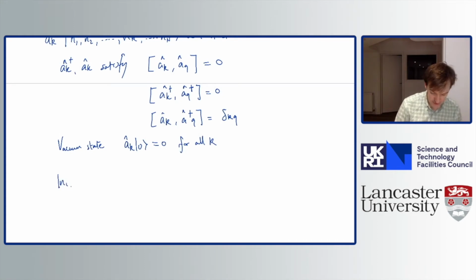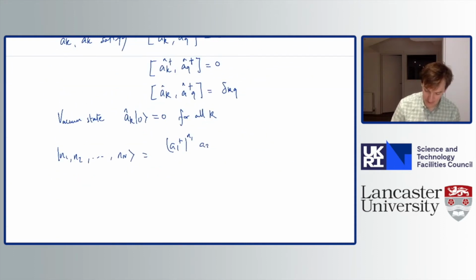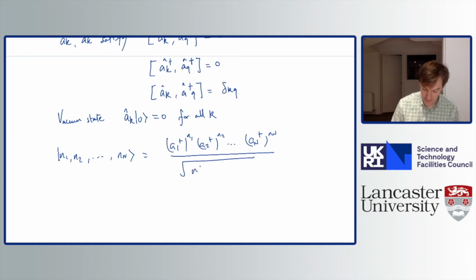So we can construct, say, the state n1, n2, nn by acting on the vacuum with these creation operators. So a1, we act n1 times. a2, we act n2 times. And so on. Okay, and let's put in the normalization so that these states are normalized to unity. We have n1 factorial, n2 factorial, all the way up to nn factorial, and this has to act on the vacuum state.